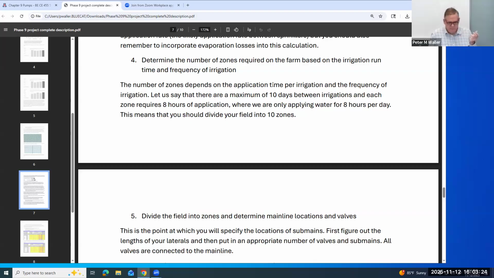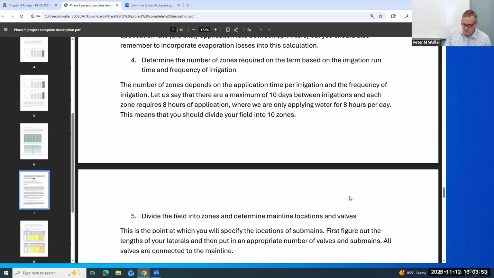And remember, we're only applying water for 8 hours per day on this pecan field. So that means you would have 10 zones. If you're running 8 hours per cycle, and you have 10 days between cycles, you'd have 10 zones on your farm. So you have that 400 by 400 meter area, and you would divide that into 10, and you'd water each of those 10 zones one day.